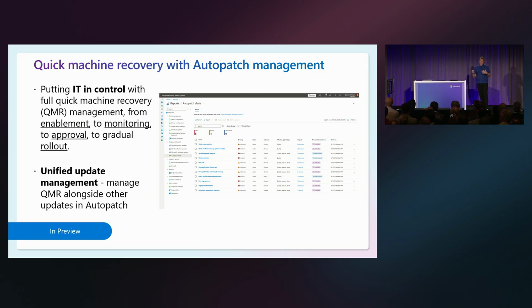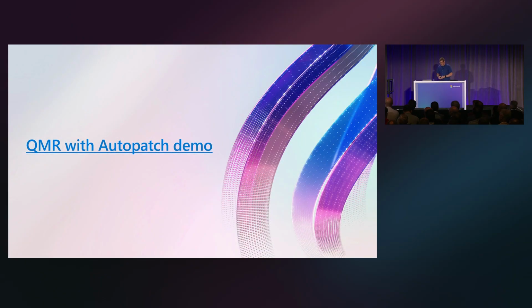So this really consolidates quick machine recovery alongside your other update management if you're using Autopatch. And any Autopatch enabled device will have quick machine recovery enabled by default, just to maximize coverage of this feature.